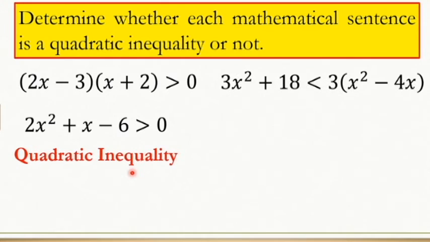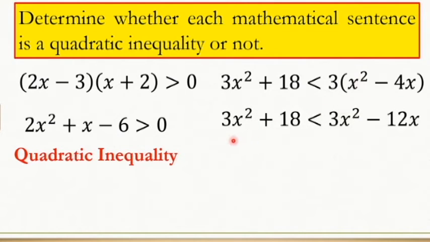Another example. So again, you have to simplify it first. So I have here 3x squared plus 18 is less than 3 times the quantity of x squared minus 4x. So you have to simplify this first. So therefore, we will have 3x squared plus 18 is less than 3x squared, kasi 3 times x squared, and then 3 times negative 4x, that is negative 12x or minus 12x.